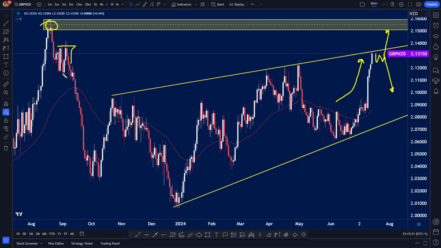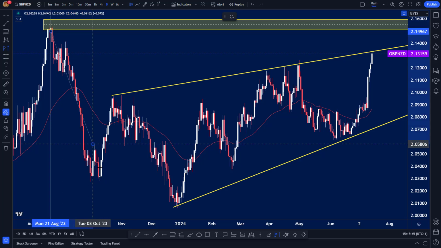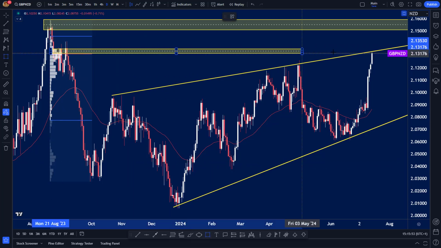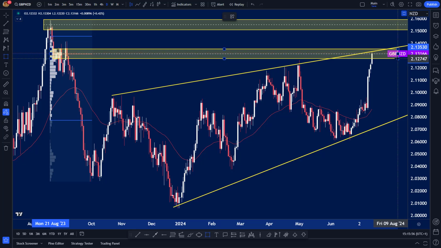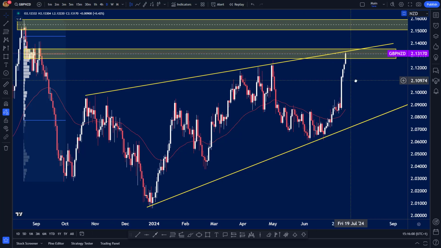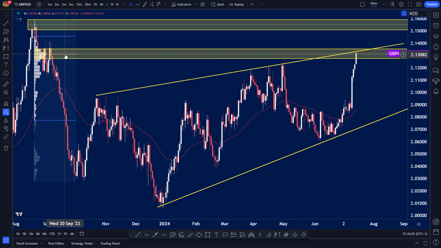Now, we did have consolidation in and around this area. You know me, I really like consolidations. Tells me that there's volume being built up within the market. So if I go from the swing high down to the swing low here, we can pinpoint an area of interest. What's quite interesting is look where price has come into. We've come into this area of resistance where the market had a high volume level.